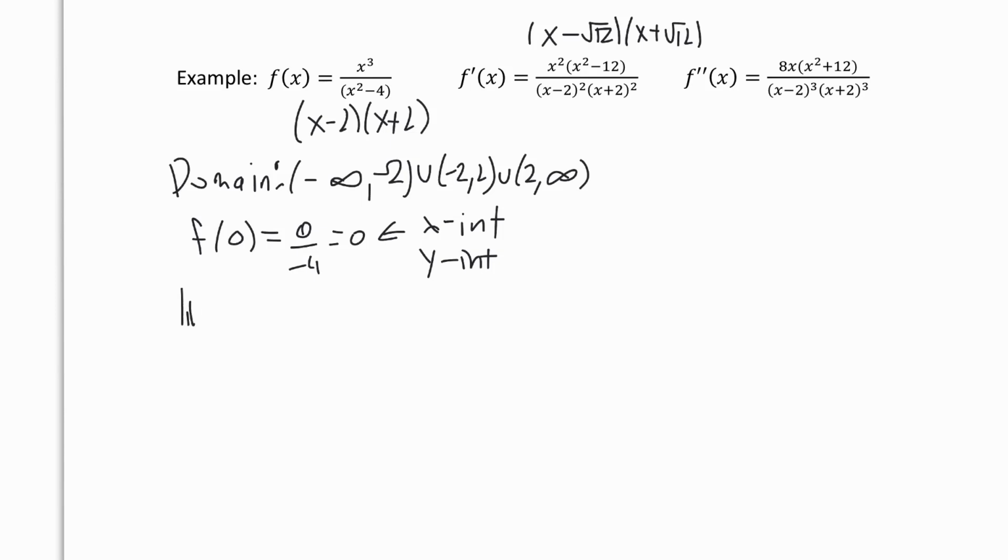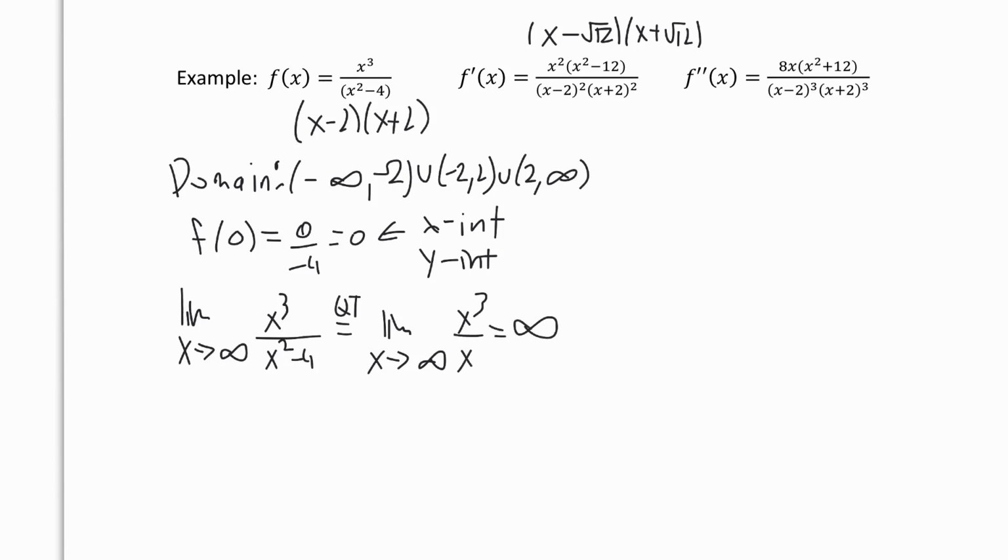So let's look at the limit as x approaches infinity of x cubed over x squared minus 4. We use the quotient theorem to get the limit as x approaches infinity of x cubed over x squared, which of course goes to just positive infinity, because x cubed over x squared reduces to x, and then we just plug in the infinity. If we go to negative infinity, we're going to get the same situation.